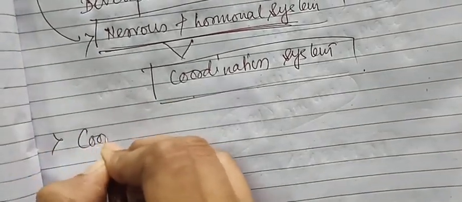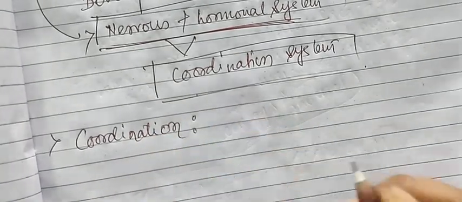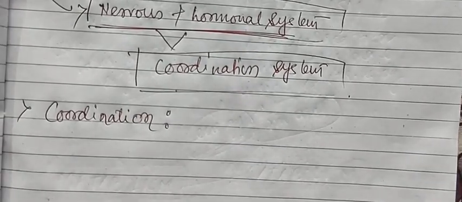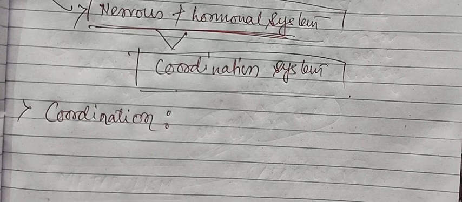The next point is coordination. What is the meaning of coordination? All the parts of the organism coordinate together. Suppose I am right now talking, and during this activity I am writing simultaneously.